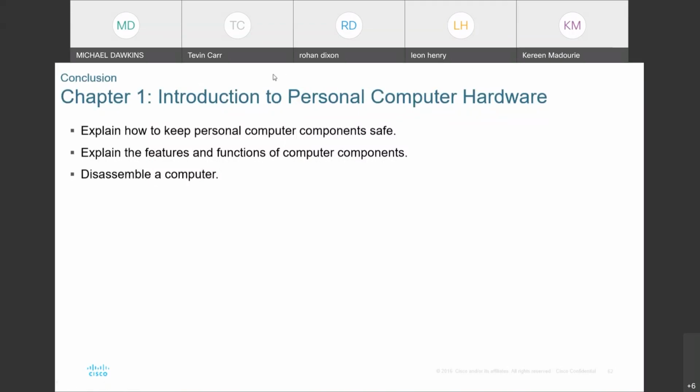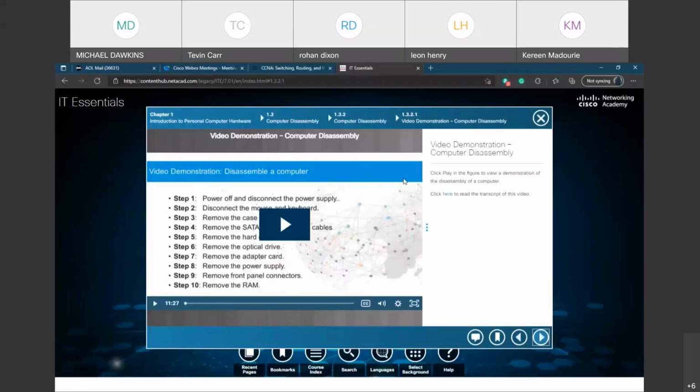All right, we're gonna go back to our NetAcad, and we're gonna see if we can get some check your understanding. Here we go. Can you see my screen? Yes, sir.